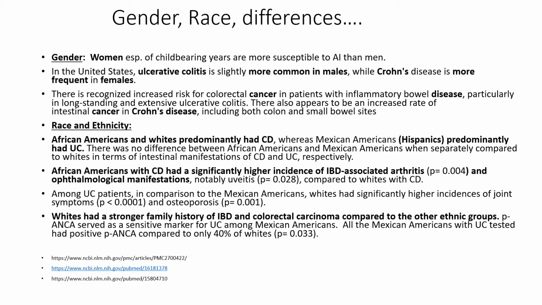Here, just for a bit, I'm going to discuss some differences in gender and race in this disease process of inflammatory bowel disease. As far as gender goes, women, especially of childbearing years, are more susceptible to autoimmune disease than are men.